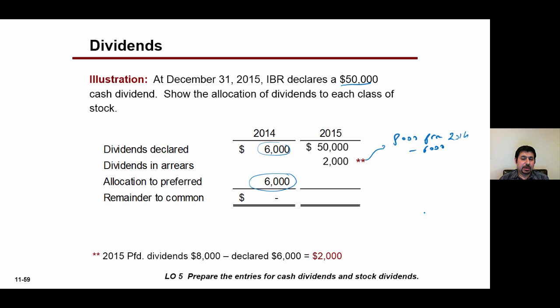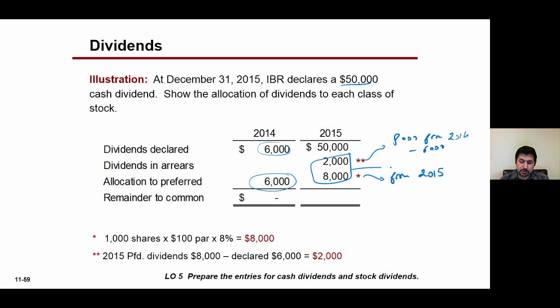And in addition to 8,000 from this year, this is from 2015. So as a result, preferred stockholders will actually get $10,000, and the difference between $10,000 and the dividends that were declared, basically the remaining ones, will go to common stock.